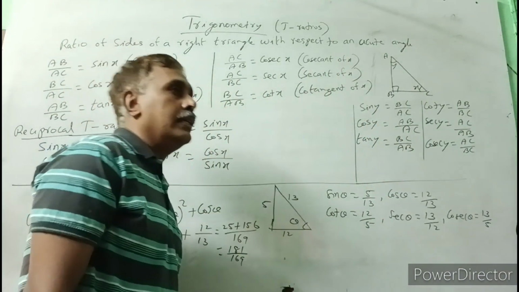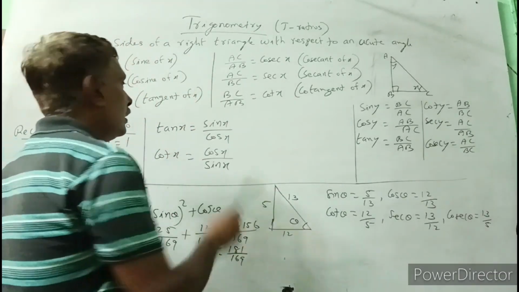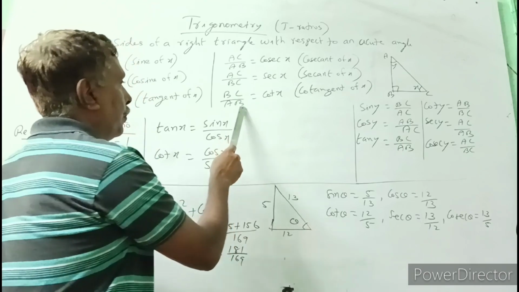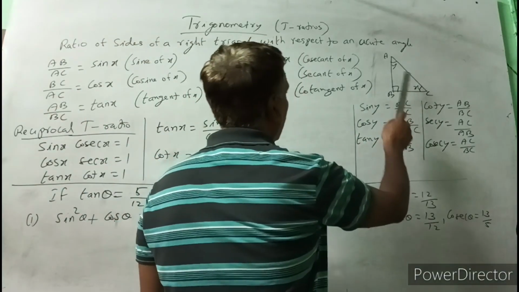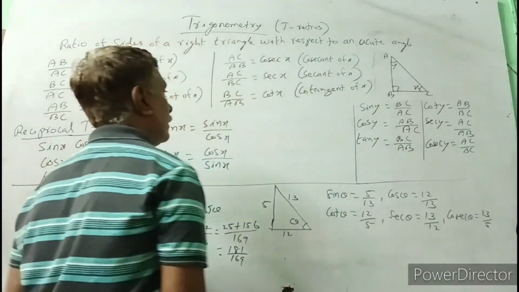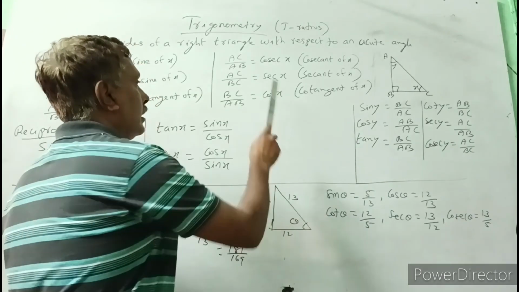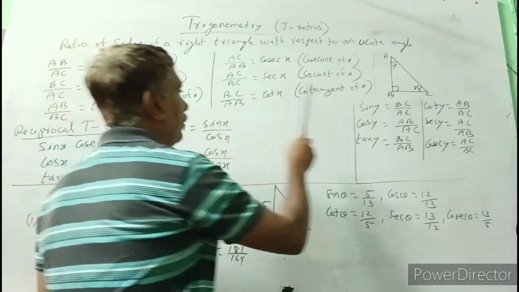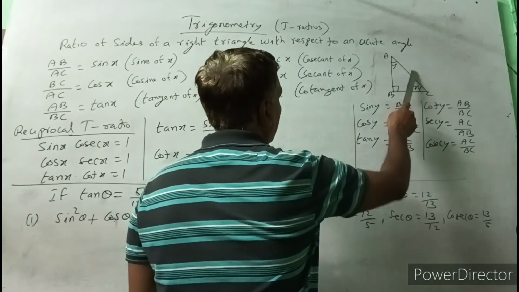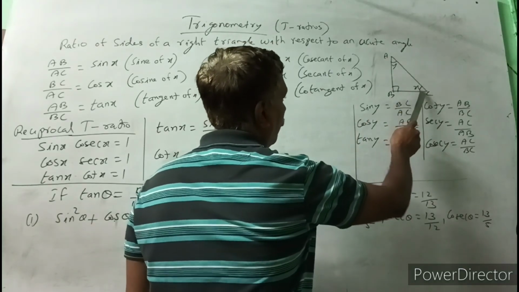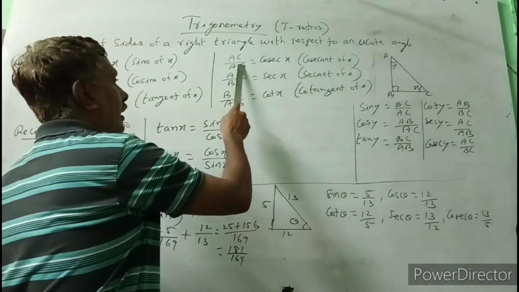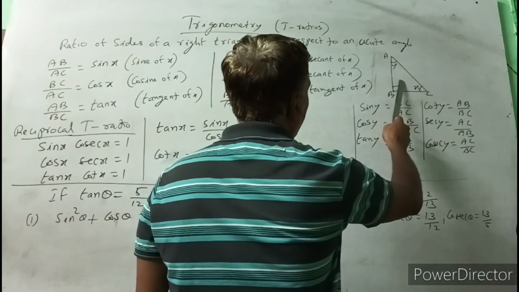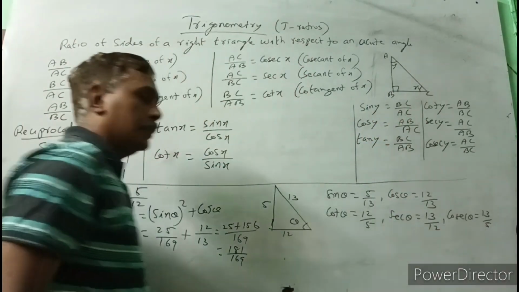Then the remaining are reciprocals. Cot X is BC upon AB, the adjacent side upon the opposite side of angle X. Sec X is AC upon BC, hypotenuse upon the adjacent side. And finally, cosec X is hypotenuse upon the opposite side of angle X.